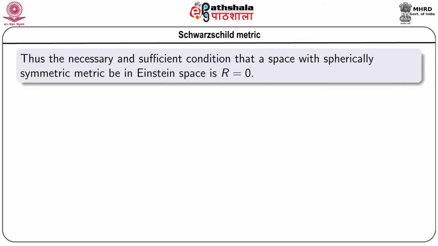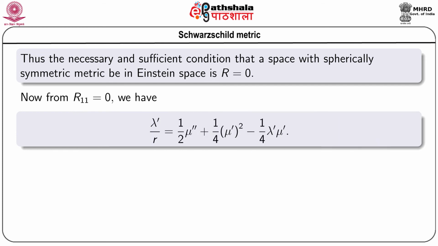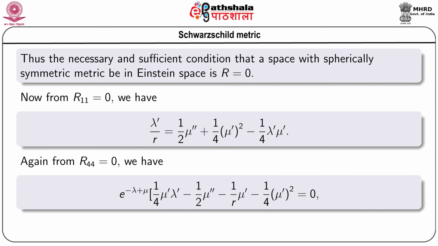And thus, the necessary and sufficient condition that a space with spherically symmetric metric be an Einstein space is that R equal to 0. Now, from R11 equal to 0, we have this condition. The value of λ'/r is coming to this. And from R44 equal to 0, we have this expression, e^(−λ+μ) in the bracket, this one is equal to 0.